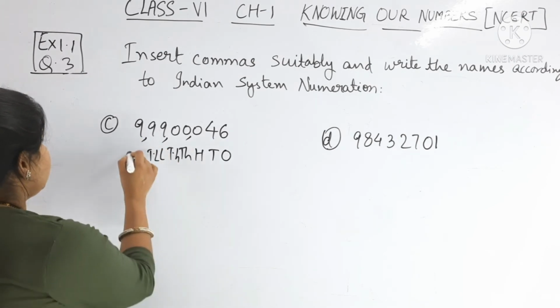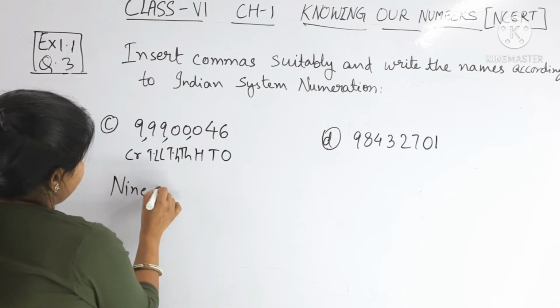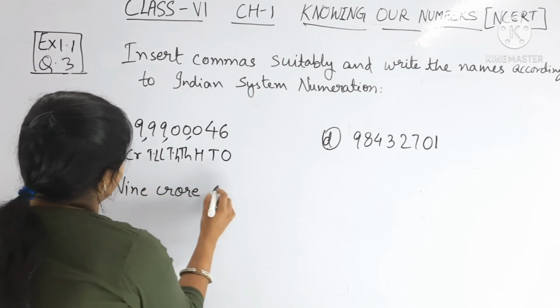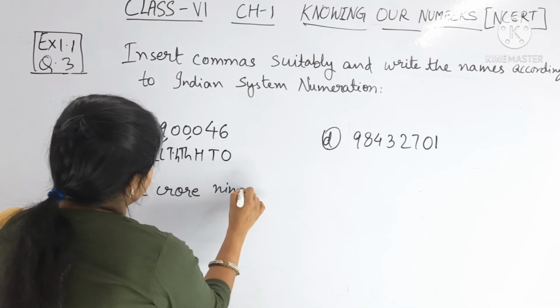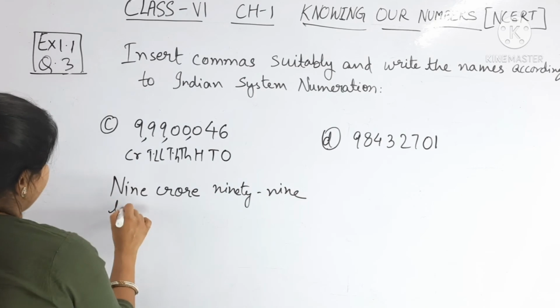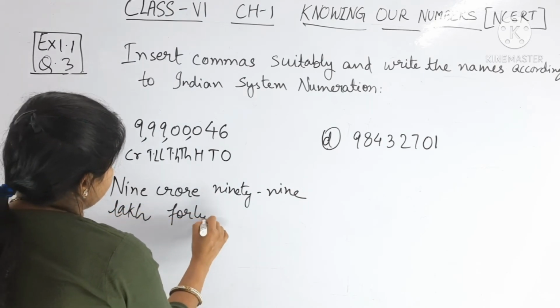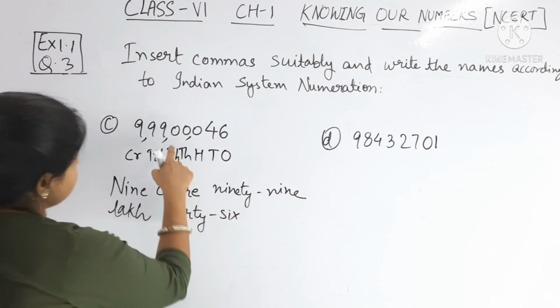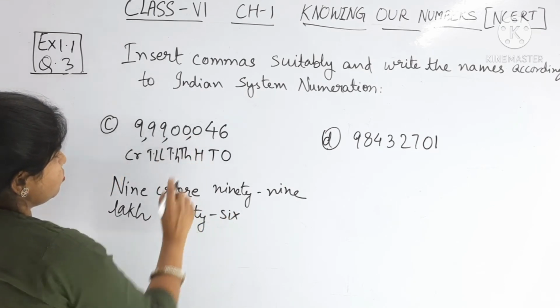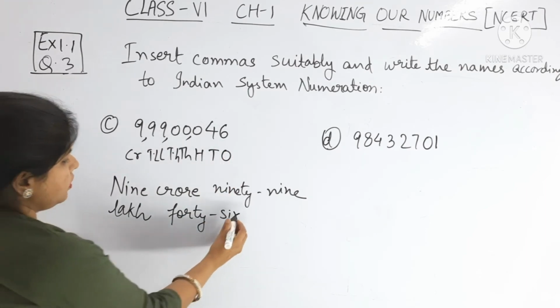Then this one is the last, crore. So you can write here 9 crore 99 lakh 46. Here is 0, so we are writing 46 in the last.